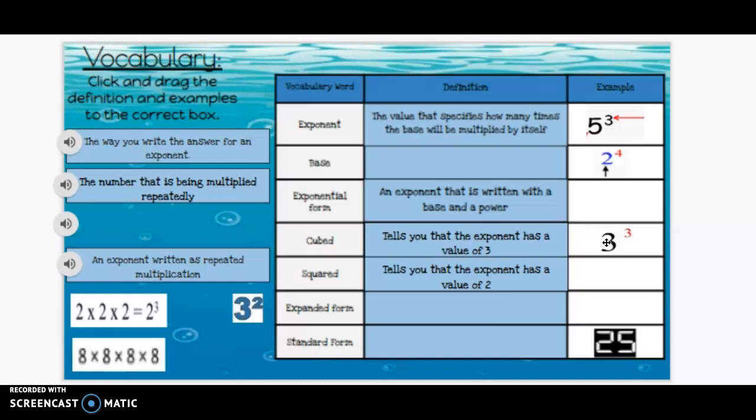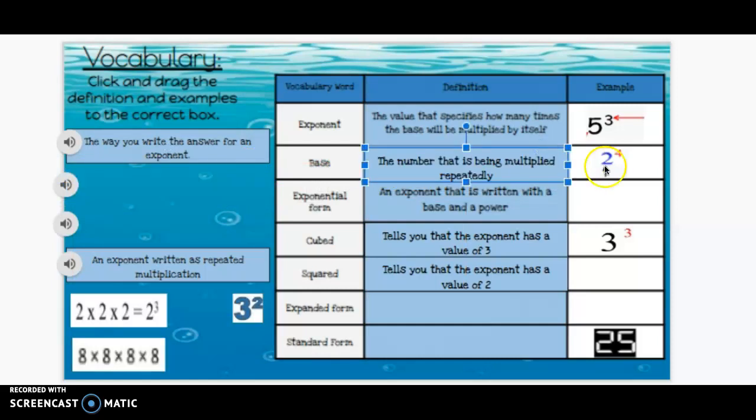So your base is what's being repeatedly multiplied by itself. We're going to say that the base is the number that is being multiplied repeatedly. I'm going to click my definition and drag it to what my base is. I have already given you the example of the arrow pointing to the 2.